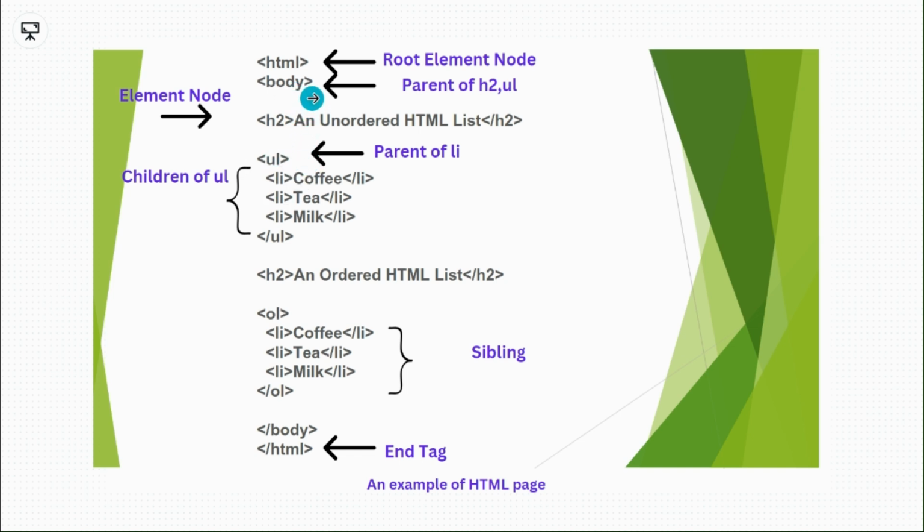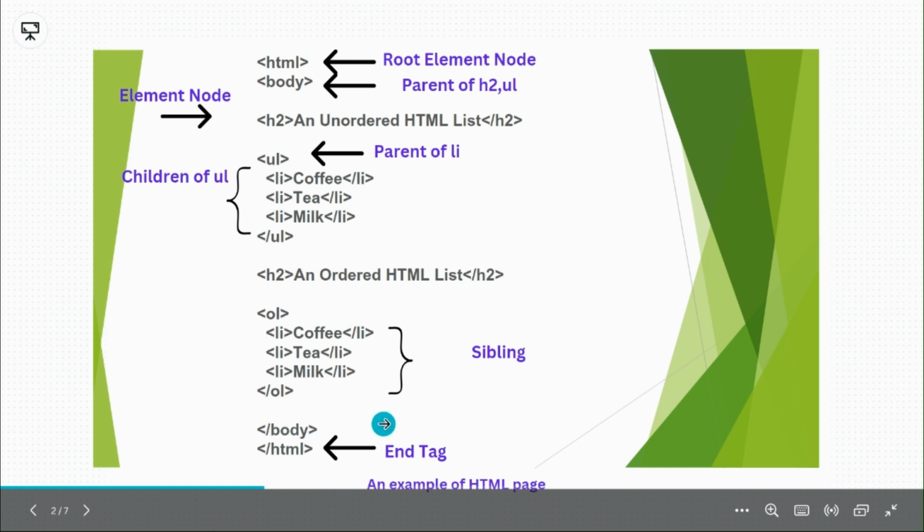This body is the parent of this ol, and then here is the closing tag for body. So it starts from here and ends here, and the many elements in between are children of this body element, right? And this is the ending tag.